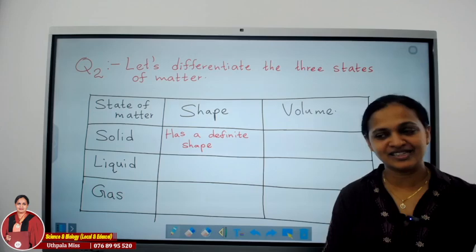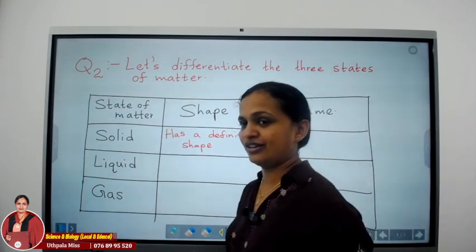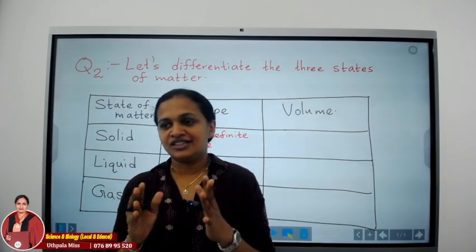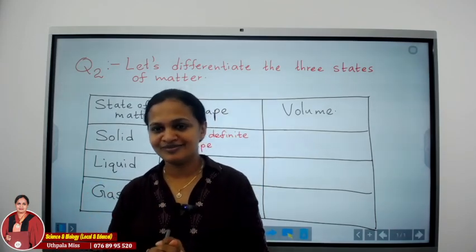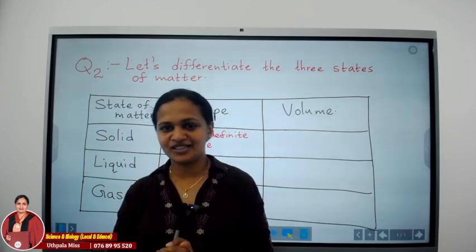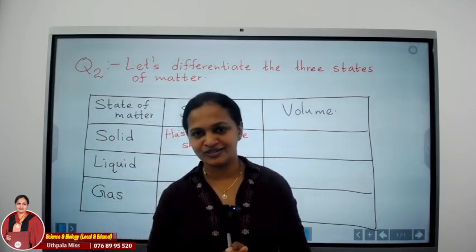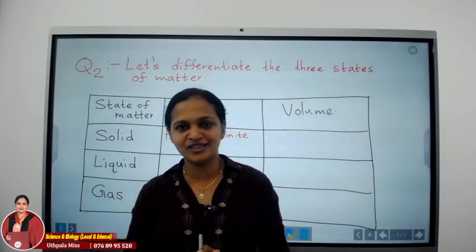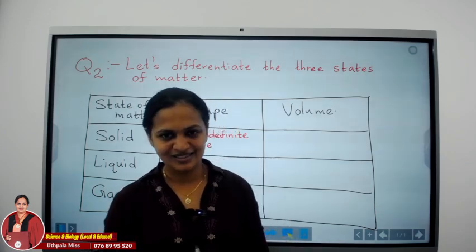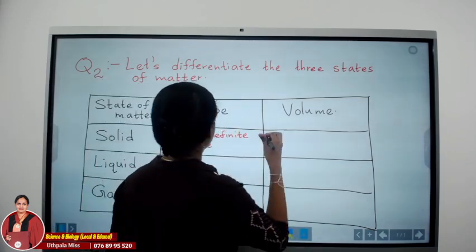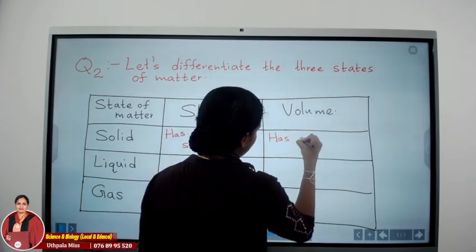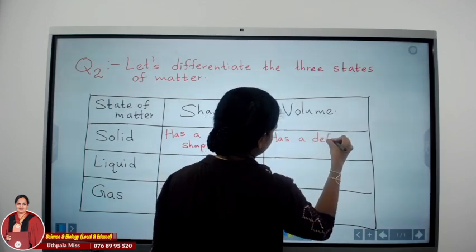Now, if you are given a set of bricks, can you change the total volume of those? You can break them into pieces, but still the total volume will be the same, right? So you can say a solid has a definite volume as well.